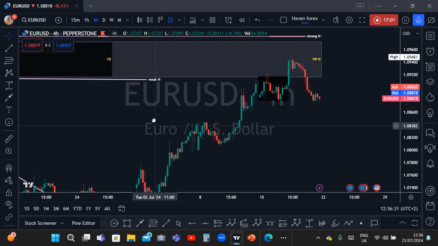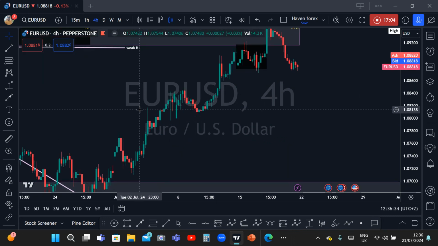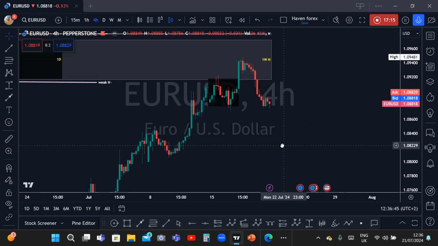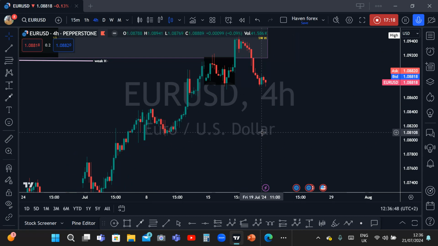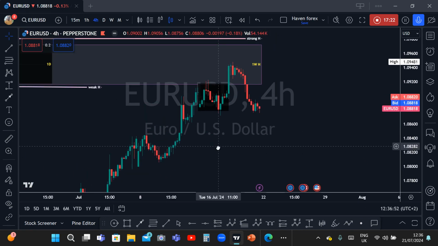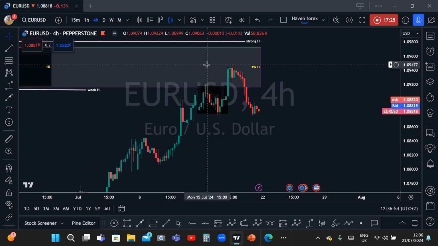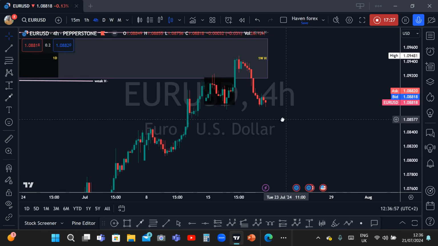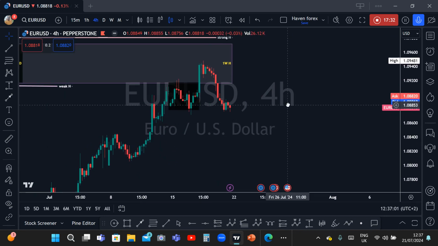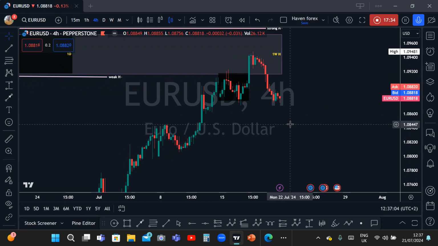You know why? On lower time frame, there is so much noise, and most often the resistance and support does not actually hold because they are very easily broken. You understand? But on the higher time frame, once you are able to point out a resistance or a supply zone, price action will get there and it will definitely respect that point.